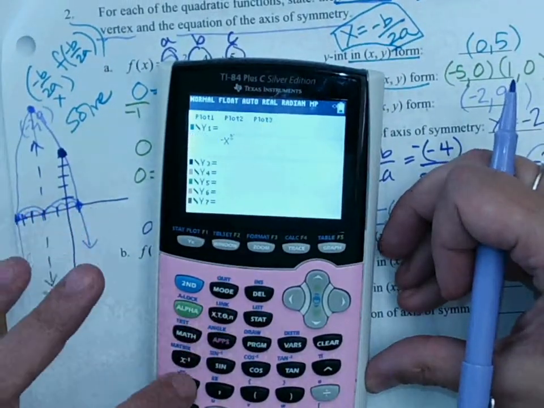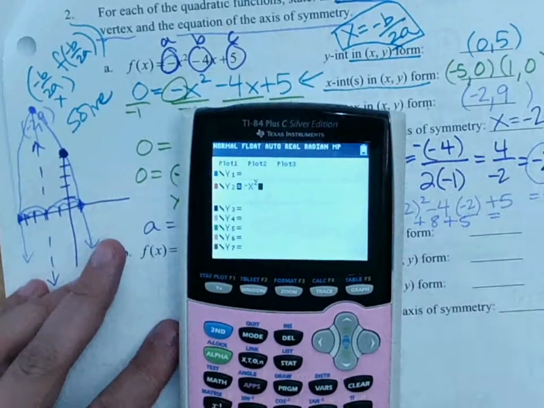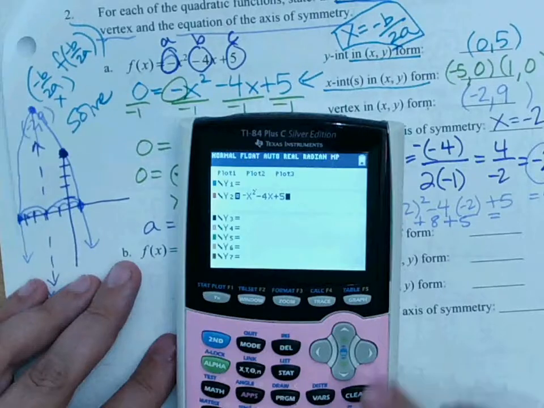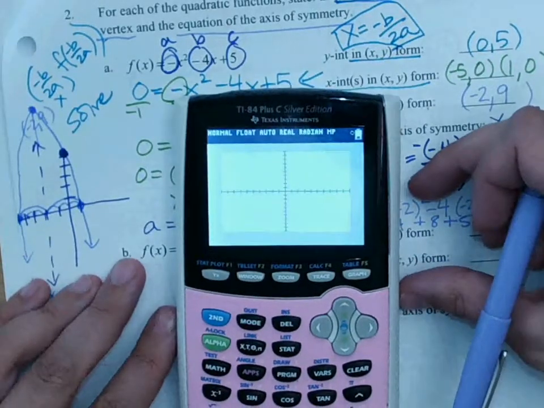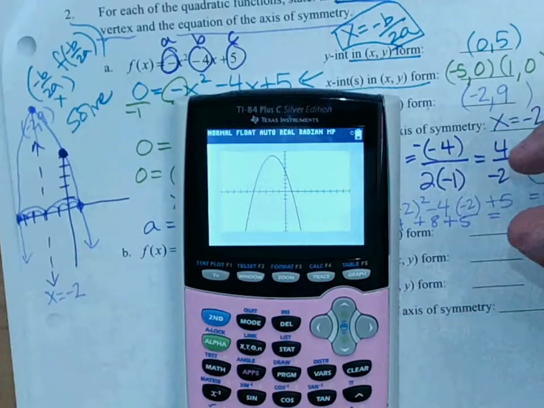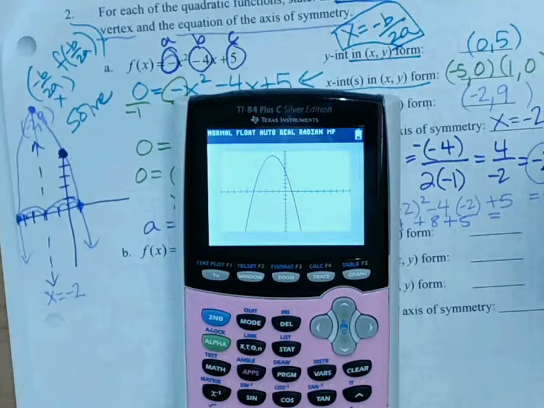Okay, x squared minus 4x plus 5. Press graph, and we should see this shape here. Now there's lots of different things you can do on the calculator as well, and Desmos, like I said, will work just fine for this.